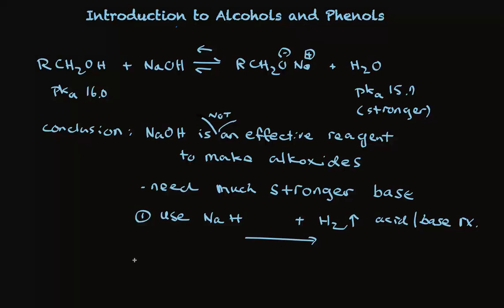The second way alkoxides are made is to use sodium. And sodium metal reacts with alcohols. And the product again is hydrogen. This is an oxidation reduction reaction.